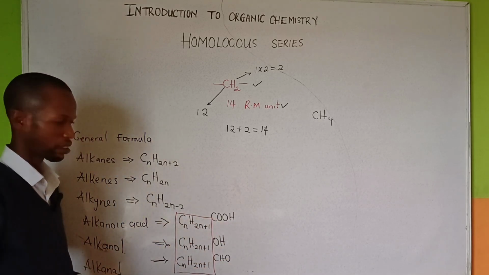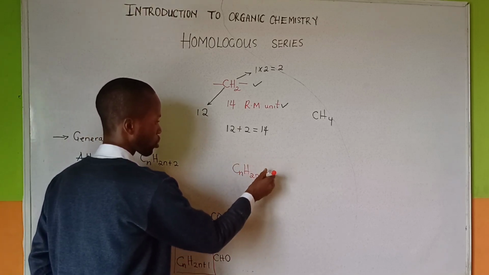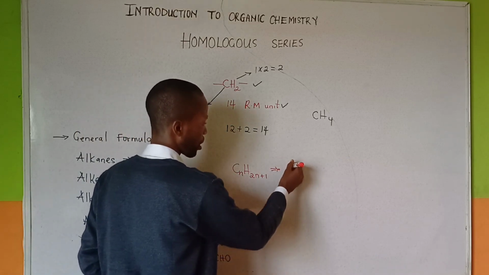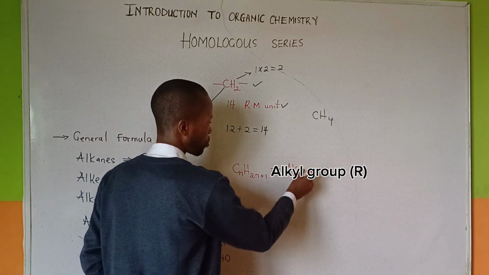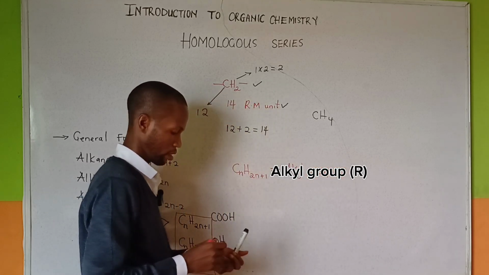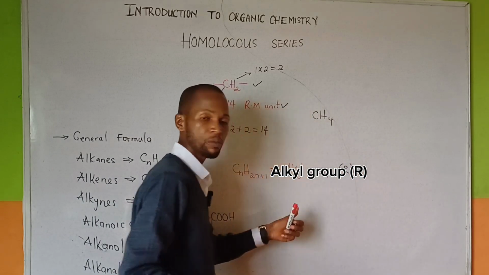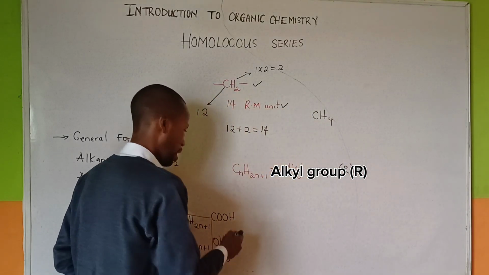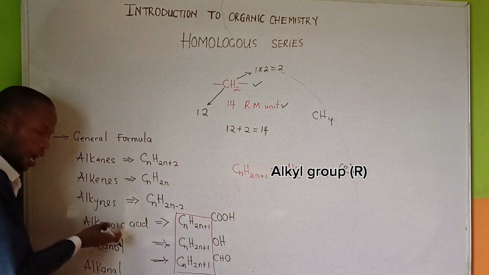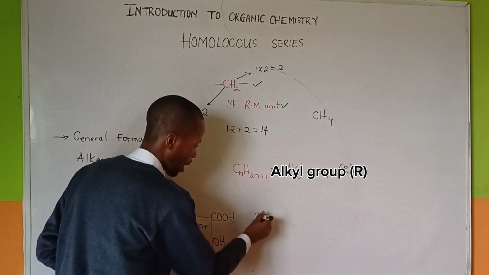CnH2n+1. CnH2n+1 shows which group? We have the alkyl group. Okay? With the symbol R. That means that we can equally express the alkanoic acid, the alkanol, the alkanal in this form.